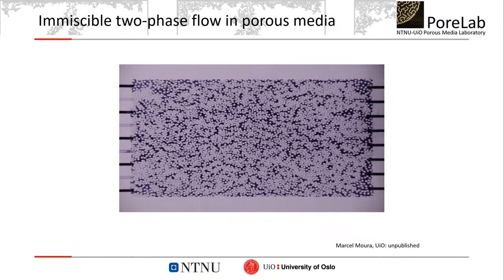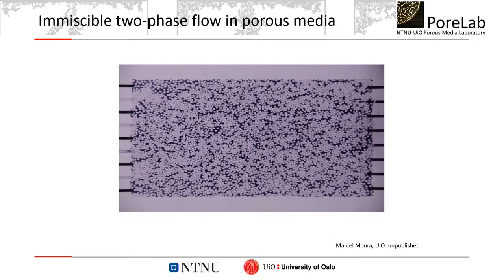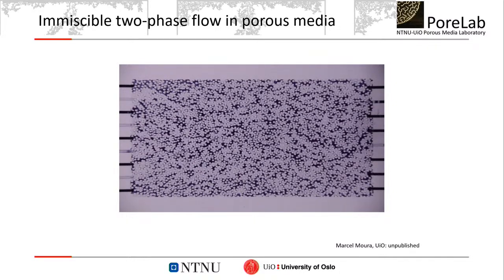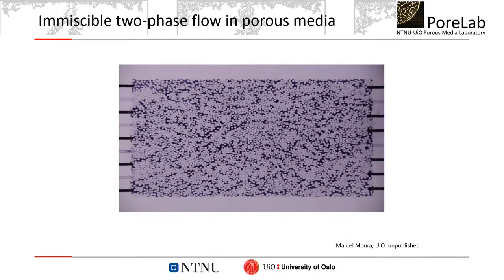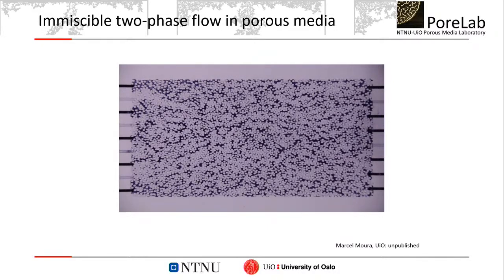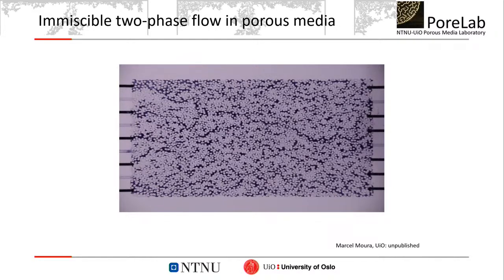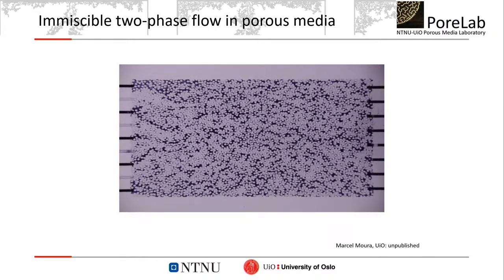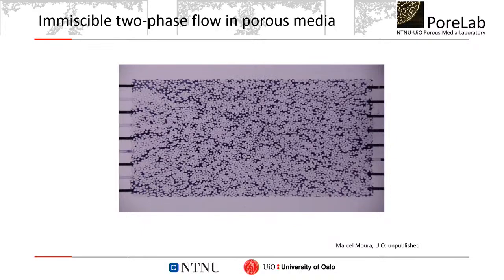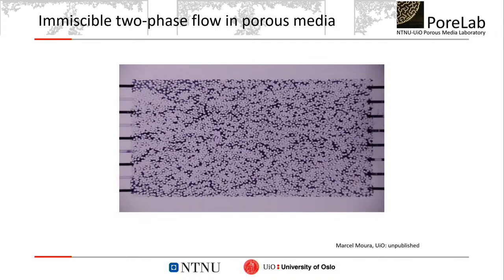This is 3D printed. So it's a two-dimensional porous medium with this kind of matrix here. And what you see here, you're sending in a mixture of two types of liquids, a black liquid and a white liquid.